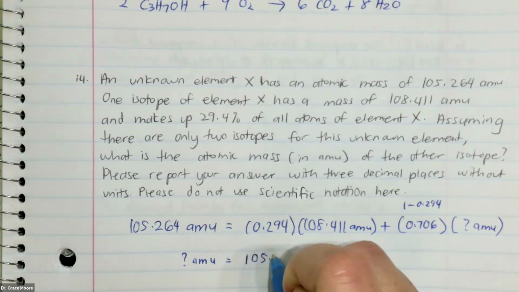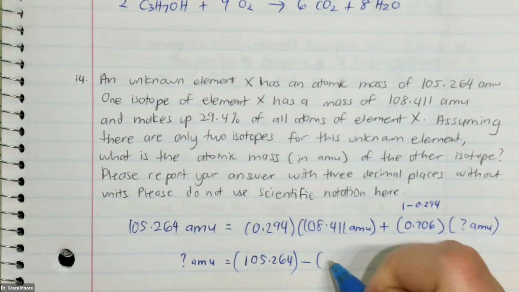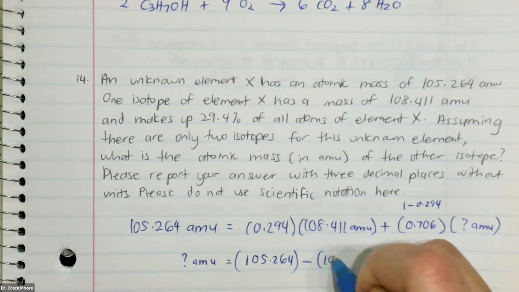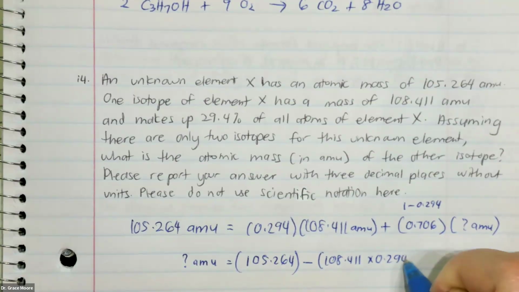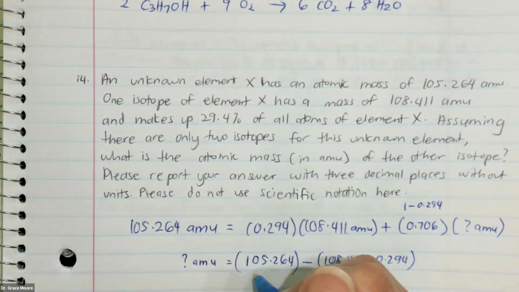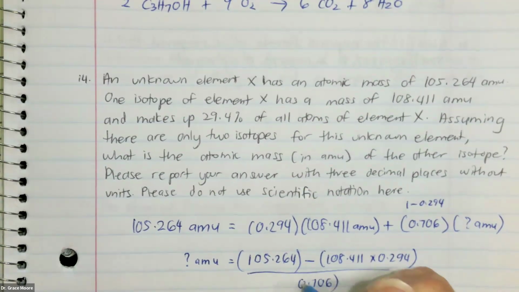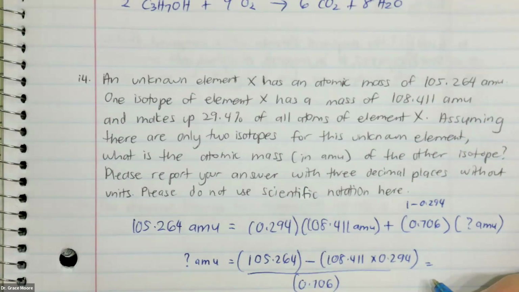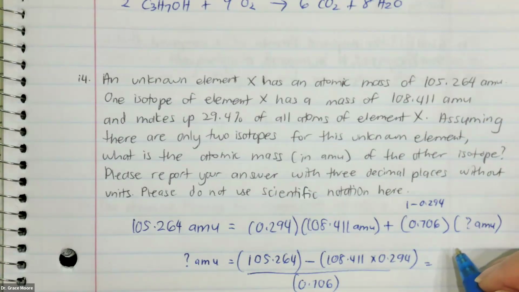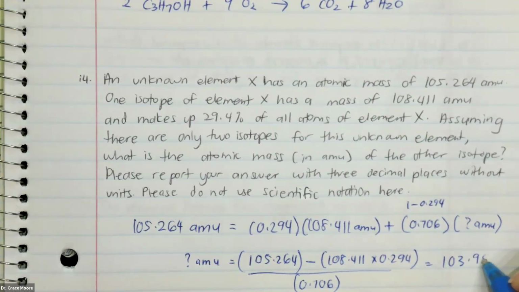I would take 105.264, and then minus the product of these 2, and then I would divide by 0.706. And that should give me my answer for the missing piece here. And I'm going to report 3 decimal places. So 103.953.